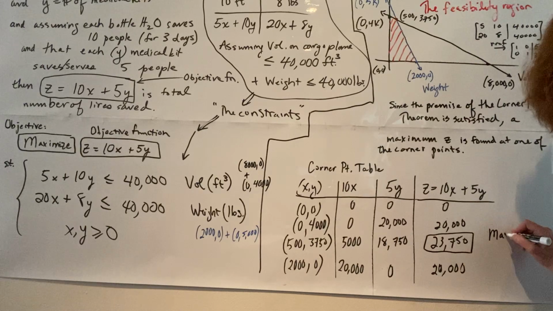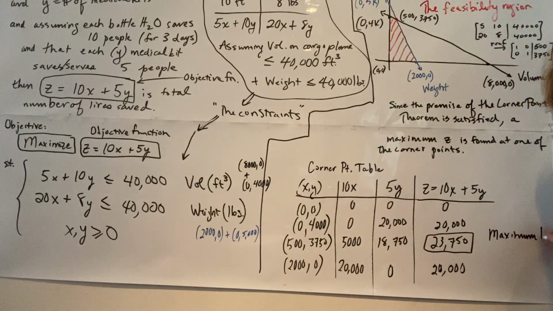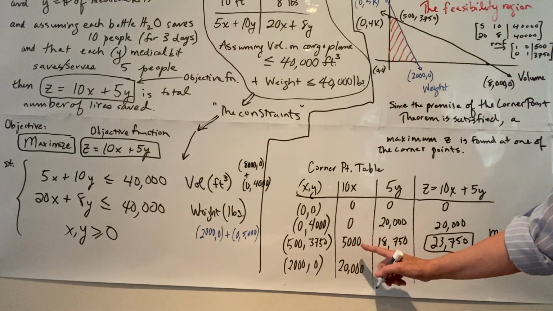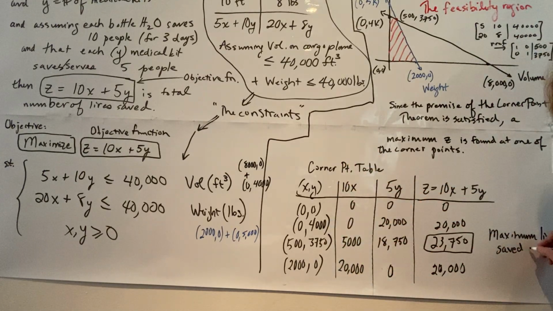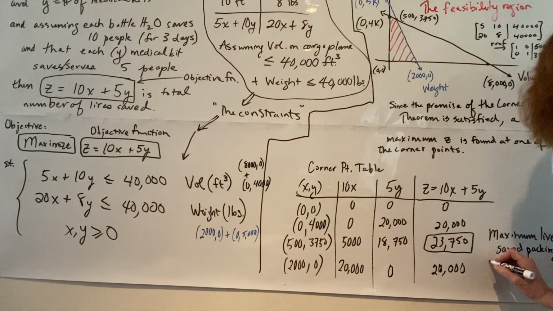So maximum lives saved. This is, you write it, that sentence at the end. So when packing, how many bottles of water? 5,000 water bottles.